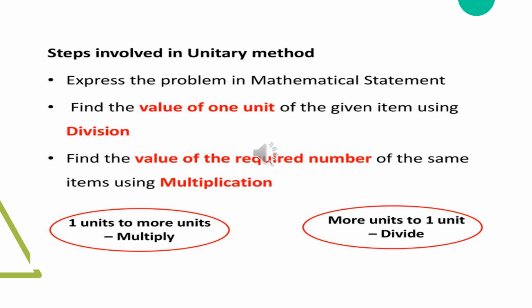That means from one unit to more units we multiply, and from more units to one unit we divide. If we know one unit, then to find more than one we multiply. If we have more units and are asked to find one unit, we divide.